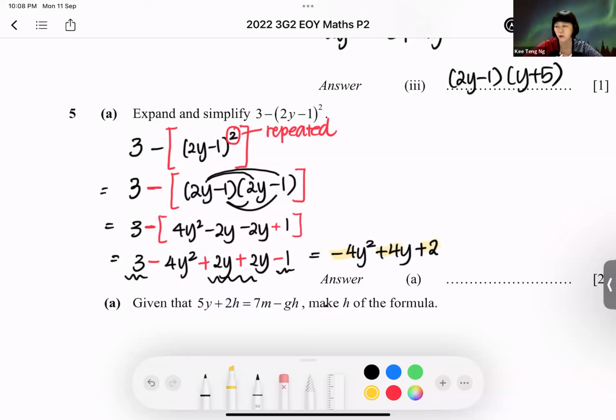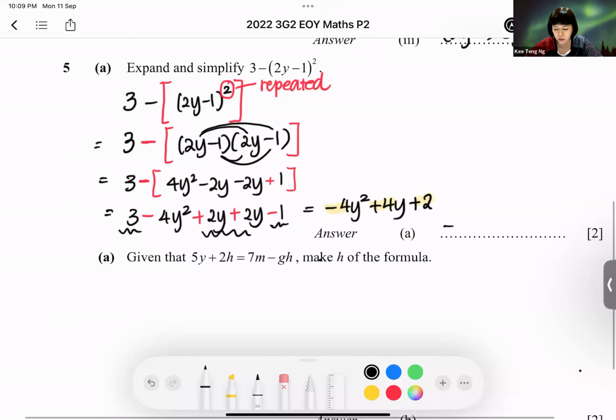You can only divide or simplify or reduce the equation when it's an equation equal to 0, okay? If it's not equal to 0, please don't do anything to it. And neither do they say factorize. They say expand and simplify. So there should be no more brackets over here. So the final answer, there's only one answer that they will accept: the expanded version without any reduction in its value. So keep it as it is.